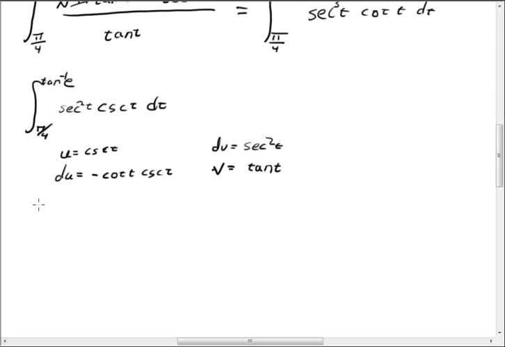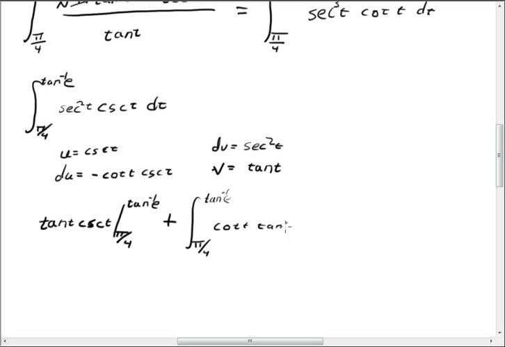So this is now equal to tangent t cosecant t evaluated from pi over 4 to tan inverse of e, minus the integral from pi over 4 to tan inverse of e of v du, which would be minus, that changes to a plus, cotangent t tangent t cosecant t dt.